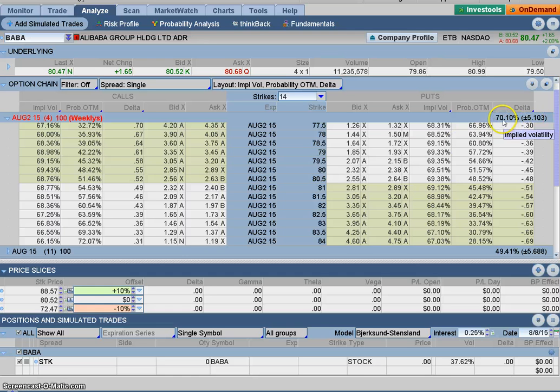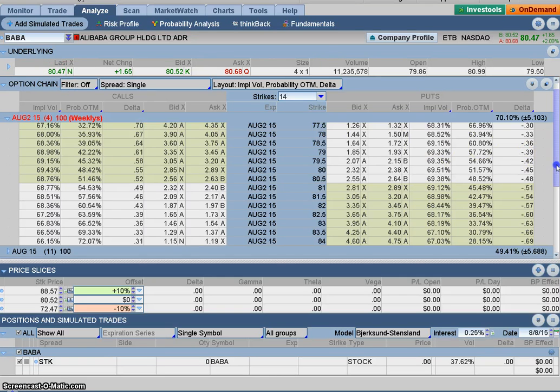Currently, the implied volatility is at 70%, which is high, consistent with a pre-earnings setup. The market is pricing in a 5-point move in either direction of its current price. If we look at its last trade of $80.47, the market is pricing in a 5-point move on either side.